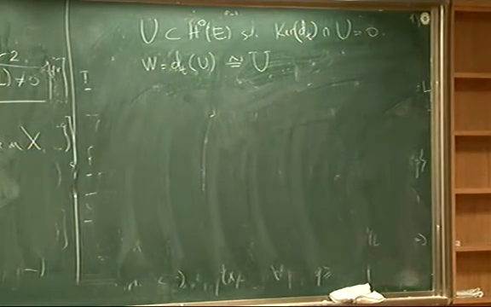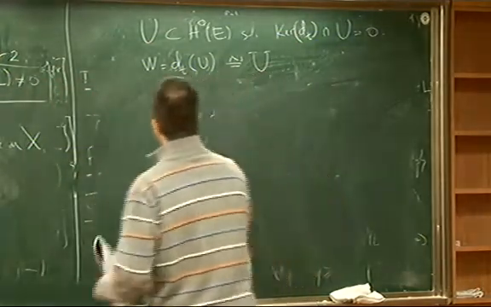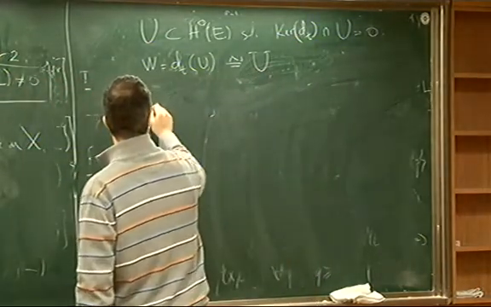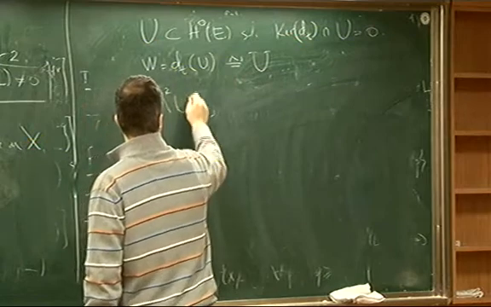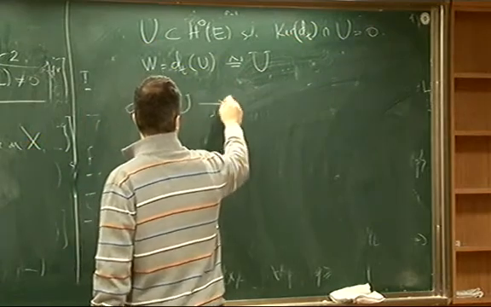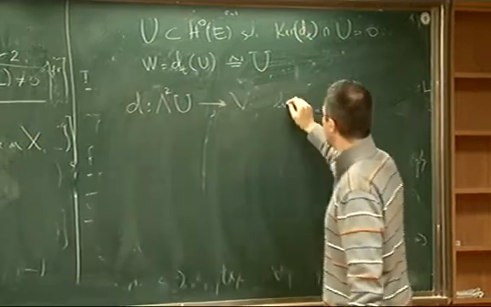Then we can construct a Koszul class out of this data, which is the following. We look at d from wedge 2 of U to V, that's linear.